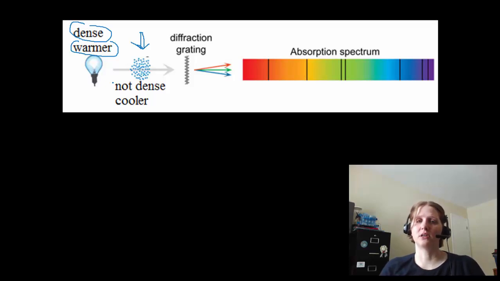And so all stars have atmospheres, and the star's atmosphere will take out very specific colors. Okay. Then that starlight has to go through Earth's atmosphere. Earth's atmosphere will take out a few more. So spectra can get complicated fast. We're going to keep it simple.